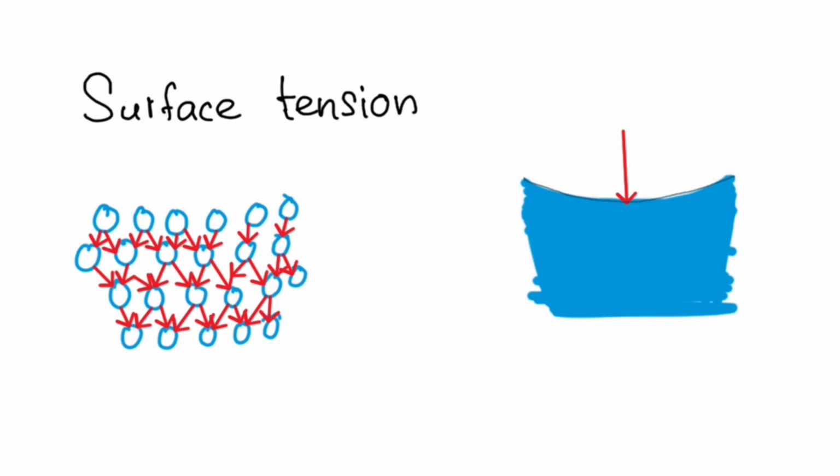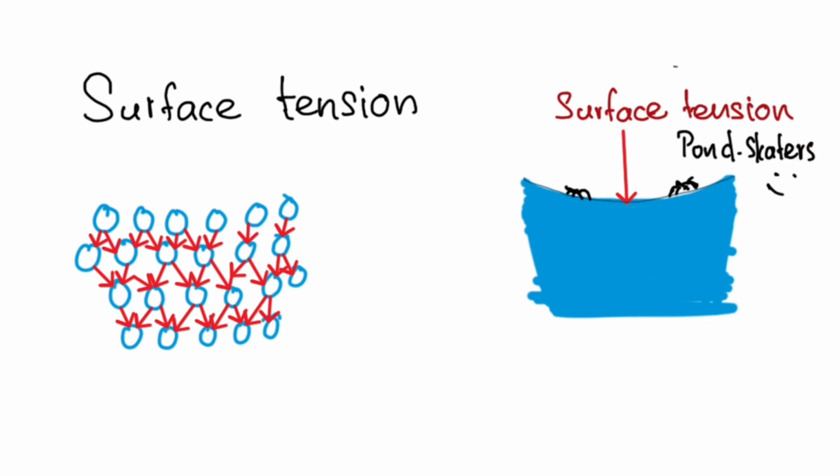This property is helpful for living organisms. It builds a habitat for some aquatic living organisms like some insects. For example, pond skaters can walk easily on this upper surface layer because of this surface tension.